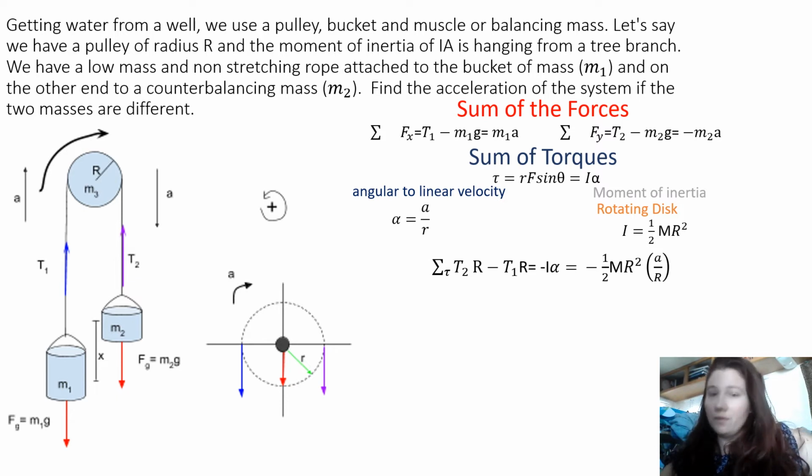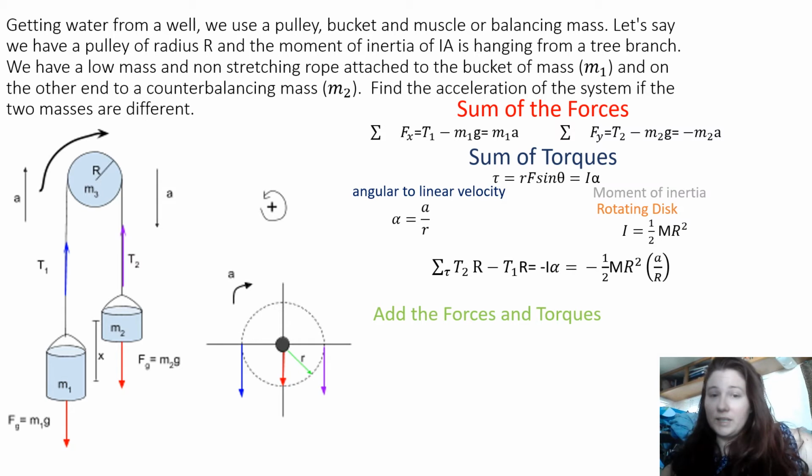Now, this is negative. The torque is negative because the pulley is moving in a clockwise direction. It would be positive if it was moving counterclockwise, but it's moving clockwise, so it's negative. Okay, so here's our inertia equation. And then for alpha, we just plugged in a over r.